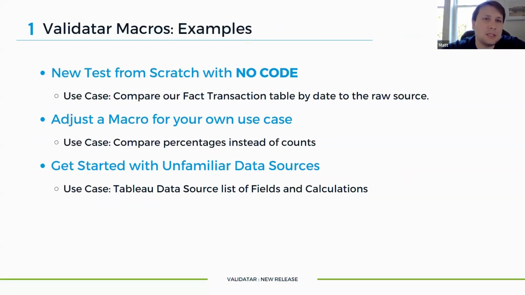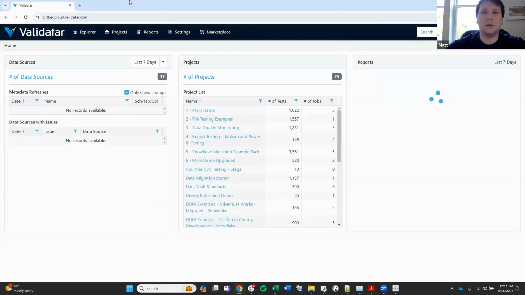Okay, so we have 3 examples that we're going to dive into in the platform itself, and I am going to pull those up, and you can see for yourselves. This should be popping on over here.